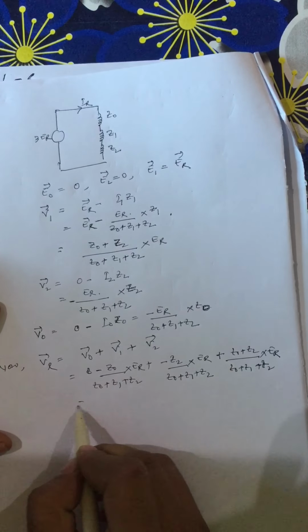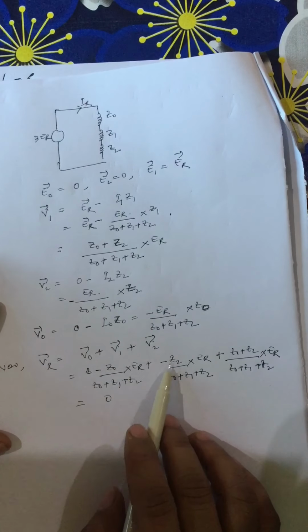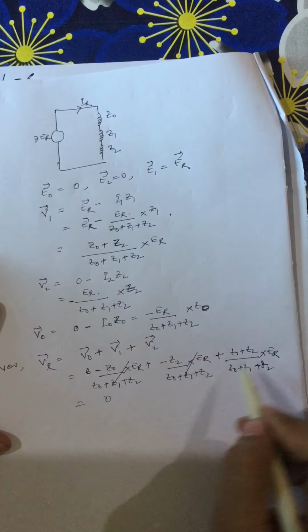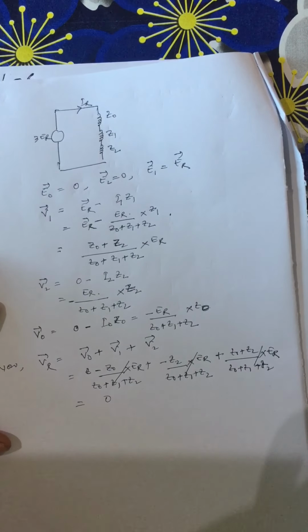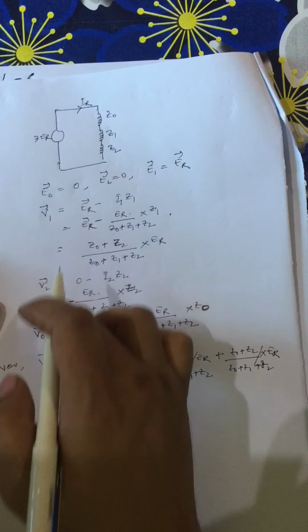If we sum this, it will come as 0, because if we take ER common, it will be Z0 and Z2 on the minus side and this one on the plus side, so they cancel out and it will come as 0. Again, we have all the components V1, V2 and V0.